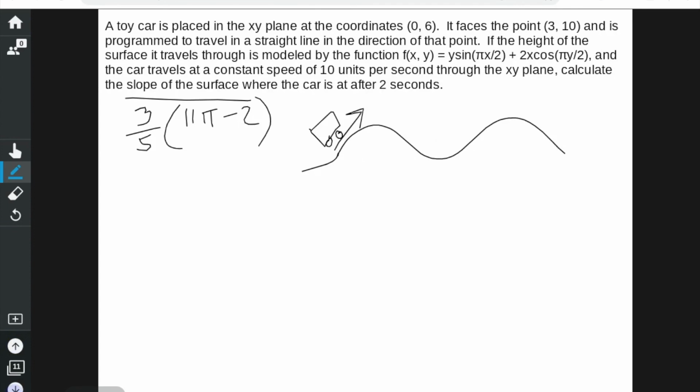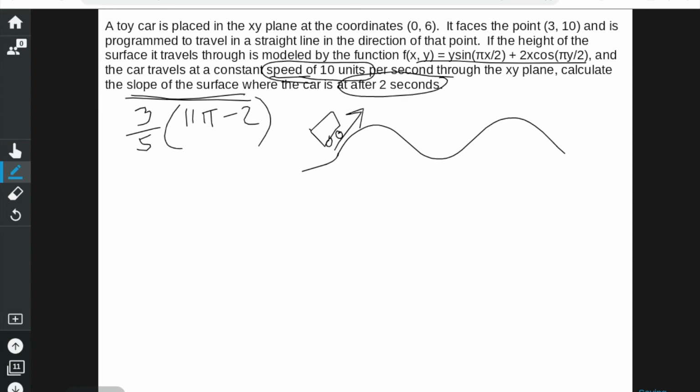So let's walk through the process. We started by taking a look at the speed. That did not pan out. So we instead focused on our surface equation and finding the slope of the surface using the directional derivative. That worked well. The only snag was figuring out the location of the car after 2 seconds, which actually just involved a little simple math.